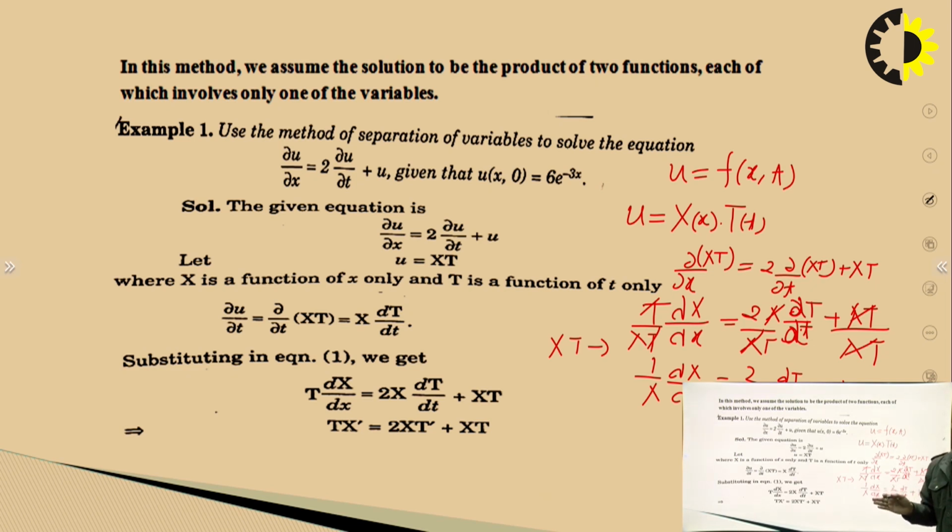Now, for separating the variables: 1 upon X dX upon dx equals 2 upon T dT upon dt plus 1.